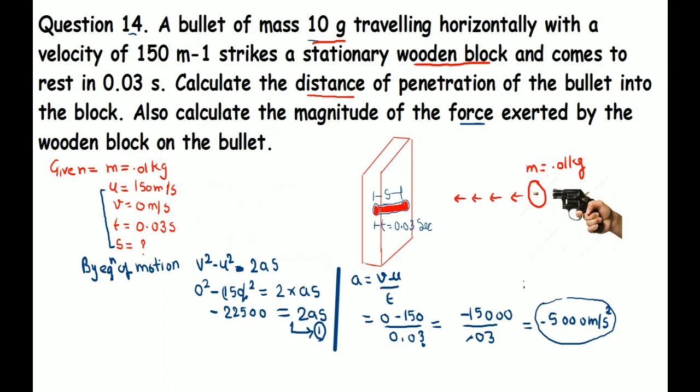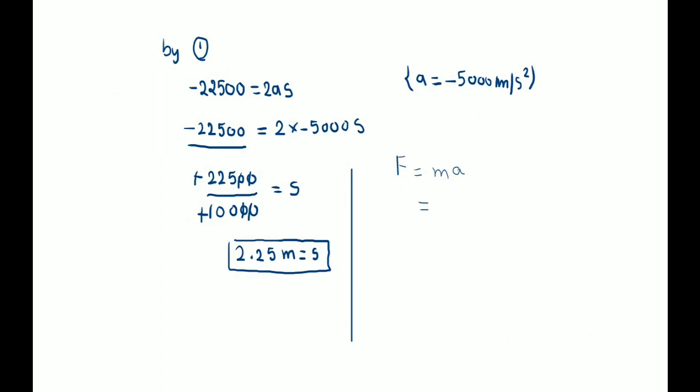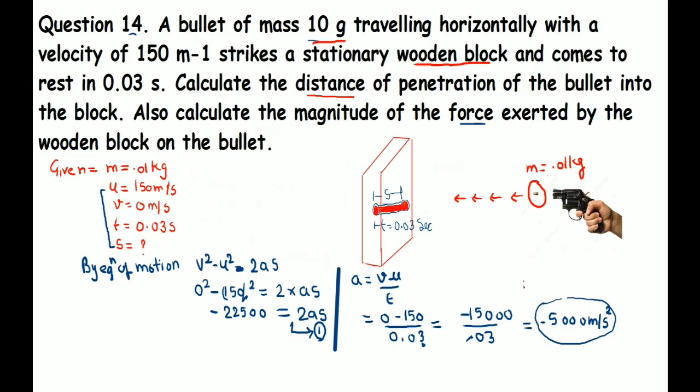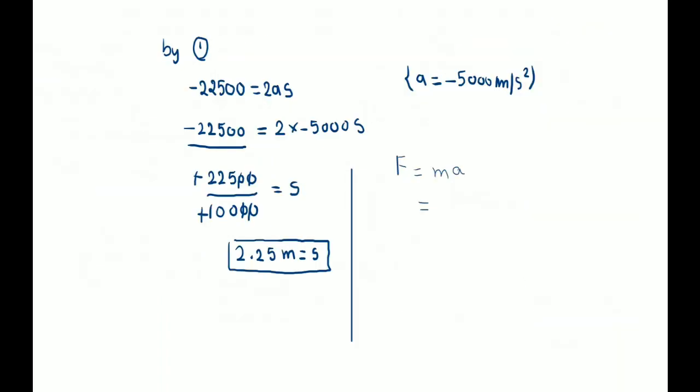Now one more thing they have asked, they need to find the force. How do we find force? By applying the formula F equals m into a. Correct? And what is the acceleration over there? Minus 5000. What is the mass of the ball? 0.01, into placing the correct value of acceleration.